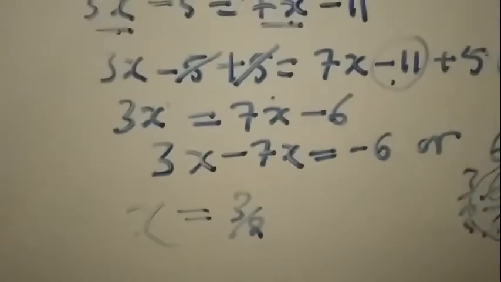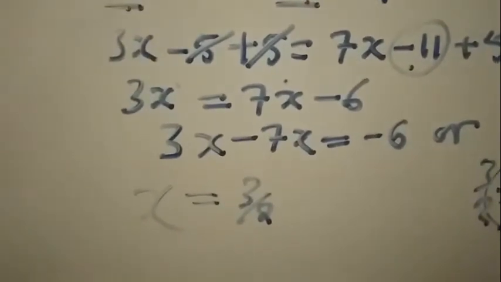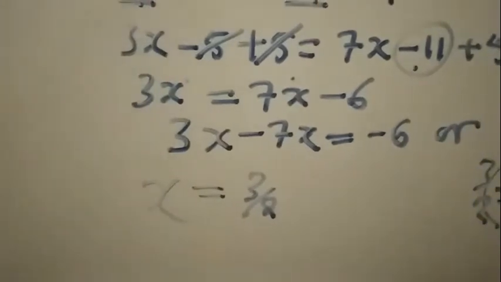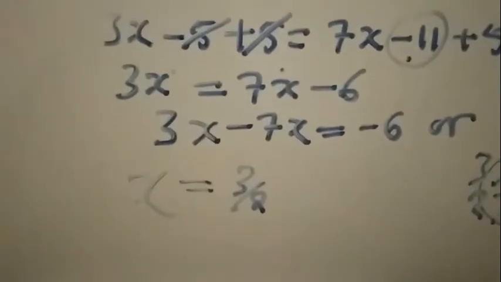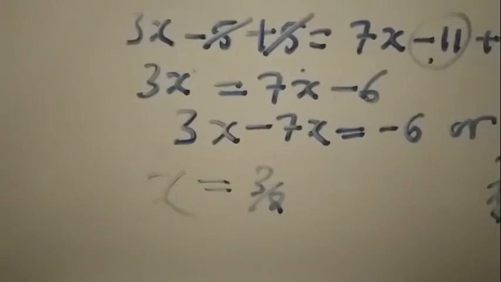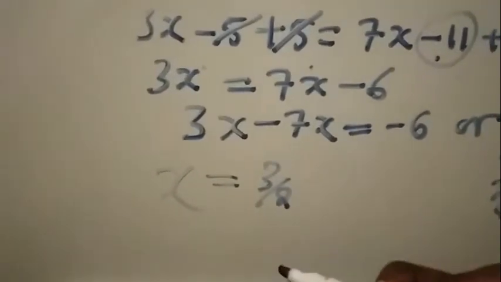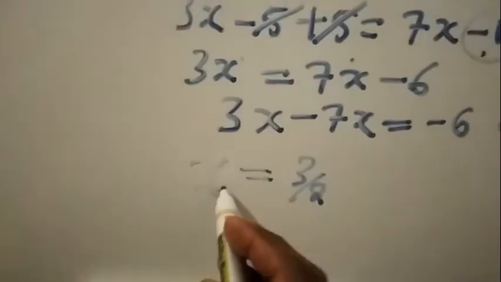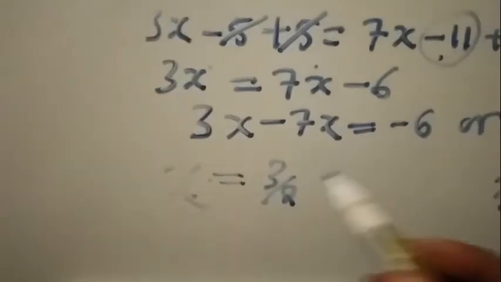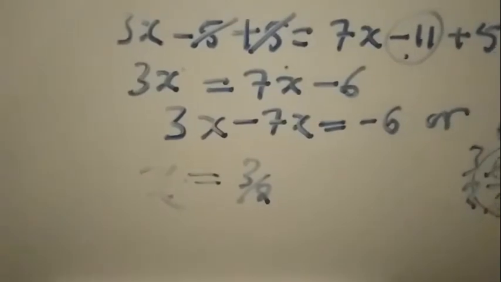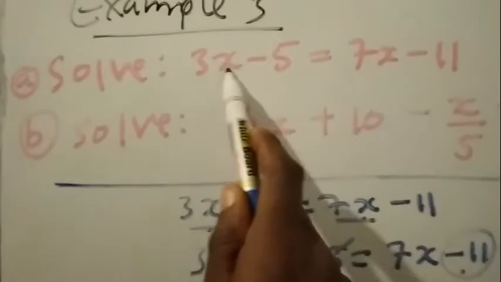So what I would want you to do, if you want to get more sense of what is happening over here, is take this on a piece of paper and try it by yourself, get x equals 3 over 2 and plug it back into the original equation over here.